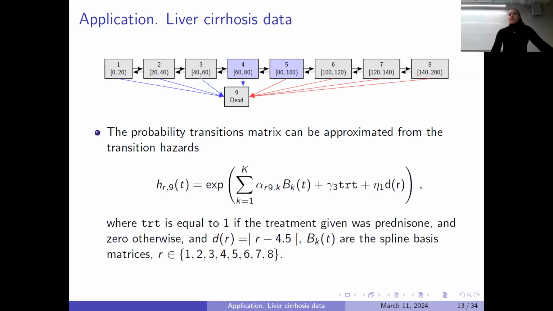So a way that we thought we could solve this problem and still account for this symmetry within the hazard is by defining a new variable. We defined DVR as the distance between the numerical value of the living state and 4.5. Why are we doing this? If we think again, what is normal? It's 70% to 100. So basically, the closer you are to these two states, the better your survival should look.